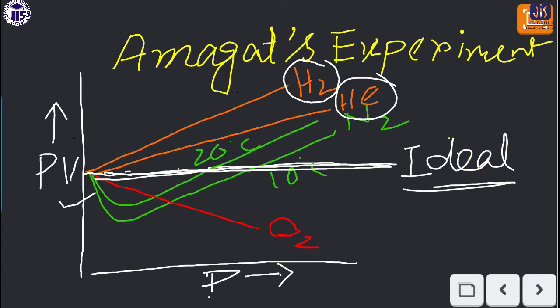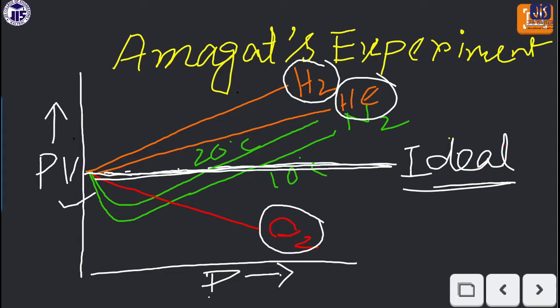There will also be some gases where the PV value will always be lower than the ideal gas. Here the example is oxygen. For oxygen, look here, at any pressure the PV value will always be lower than the ideal gas.